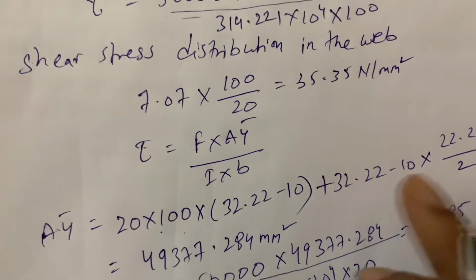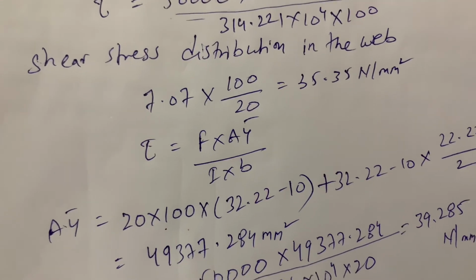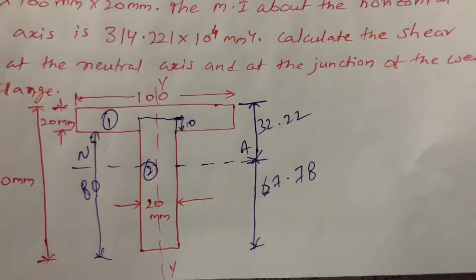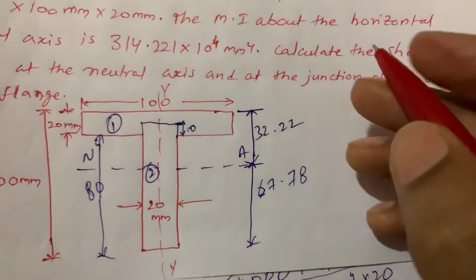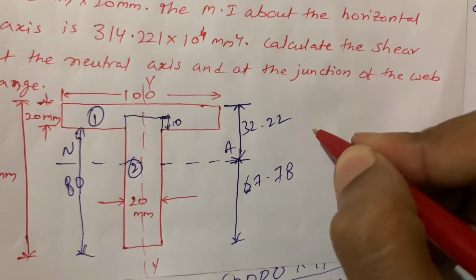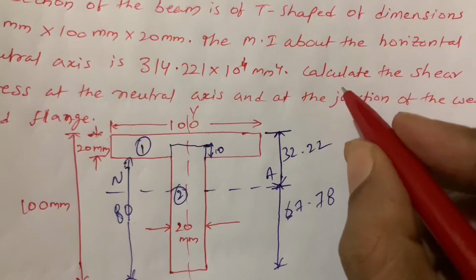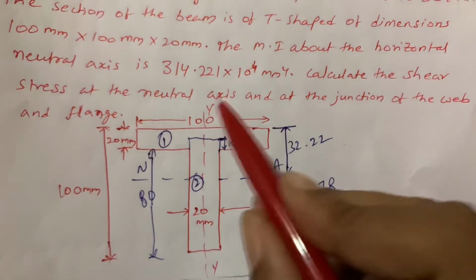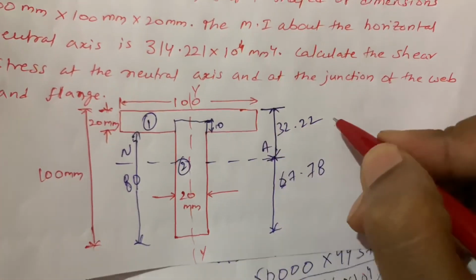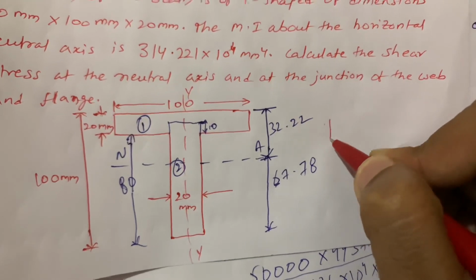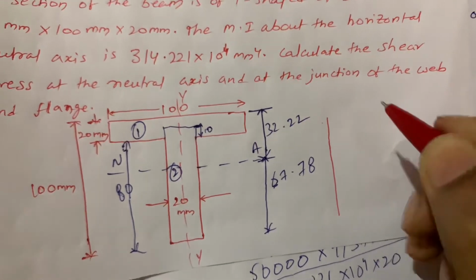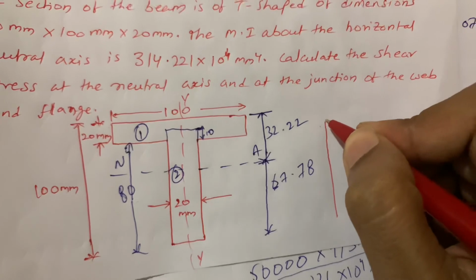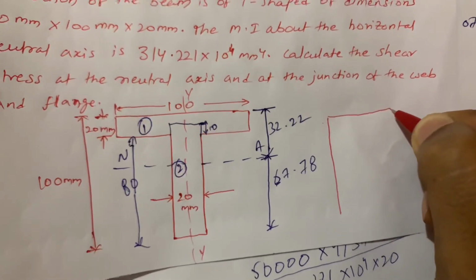Okay. So now we are going to draw the shear stress distribution of the T section. Here in the question he told us to calculate the shear stress at the neutral axis and at the junction of the web and flange. So here is the junction, and it will slightly vary.